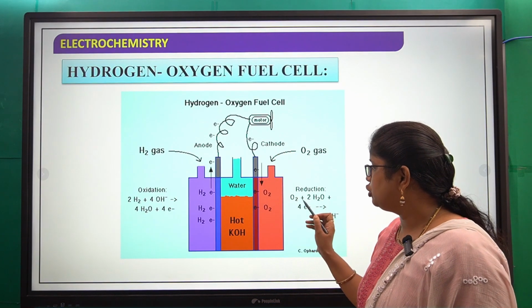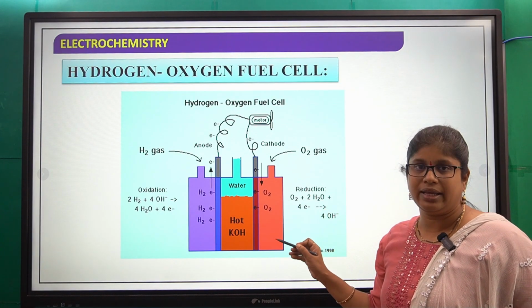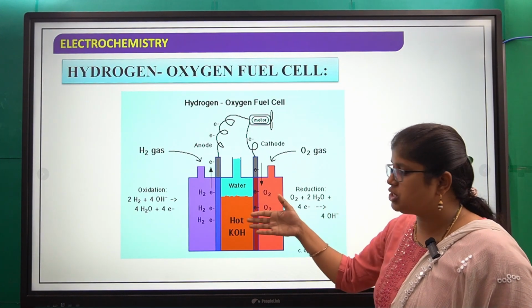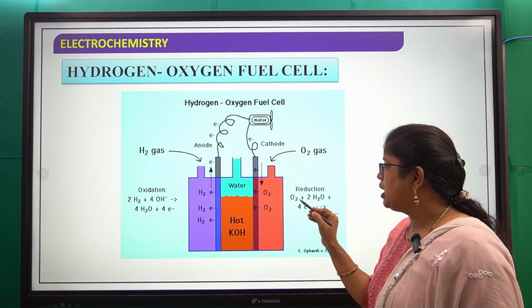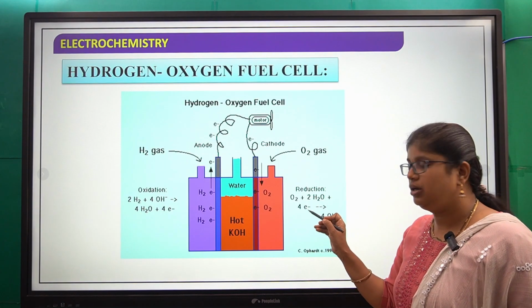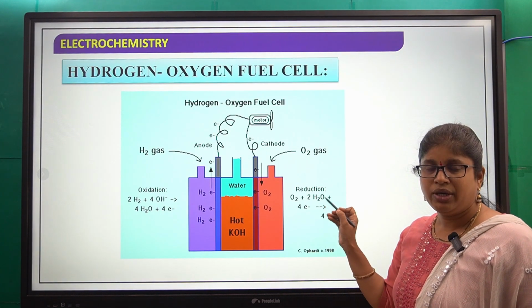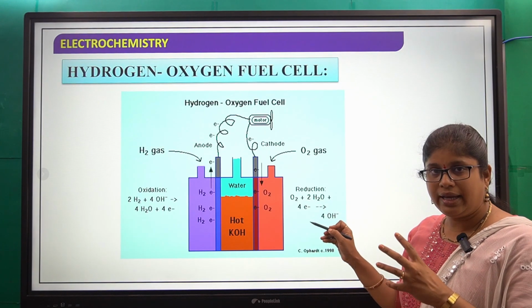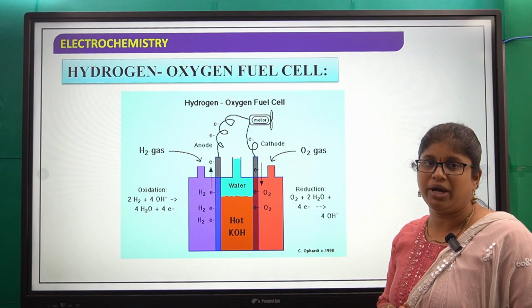At the cathode, what happens? In this compartment we are taking oxygen, and this oxygen diffuses through the electrode. While diffusing, oxygen in the presence of water gains those 4 electrons and converts again to OH minus ions.